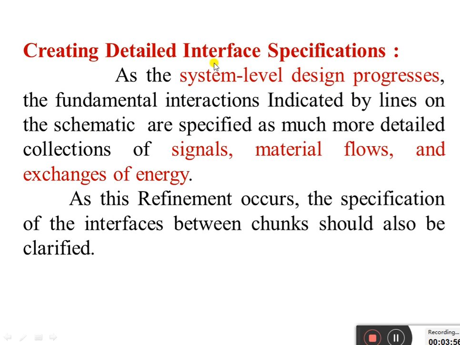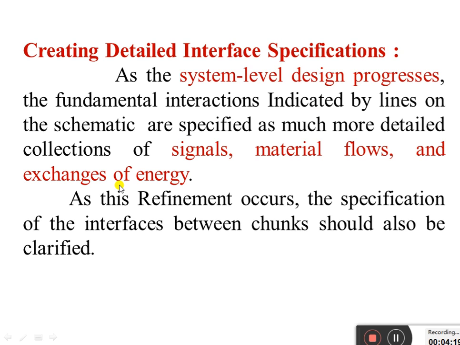Then, creating detailed interface specification. As the system level design progresses, the fundamental interactions indicated by lines on the schematic are specified as much more detailed collections of signals, material flows, and exchange of energy.